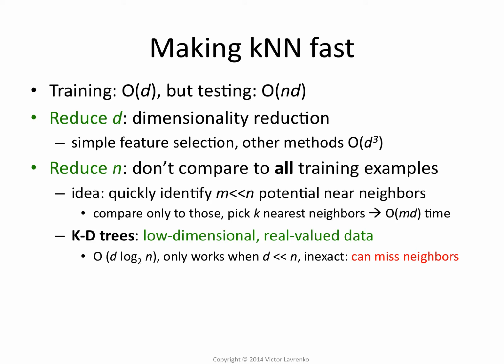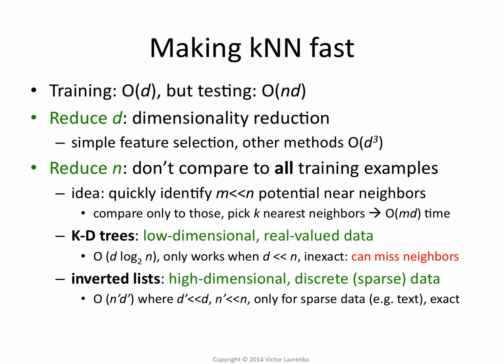You get a substantial reduction in the cost of finding nearest neighbors, but it comes with a price. The algorithm can miss nearest neighbors.